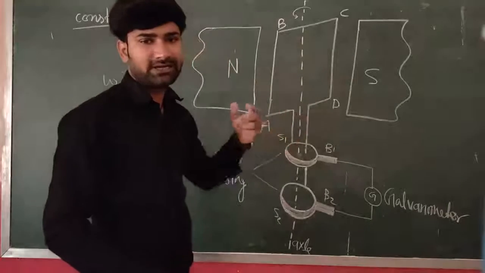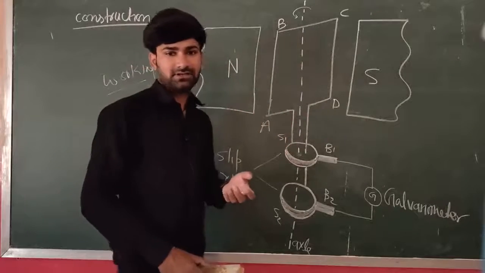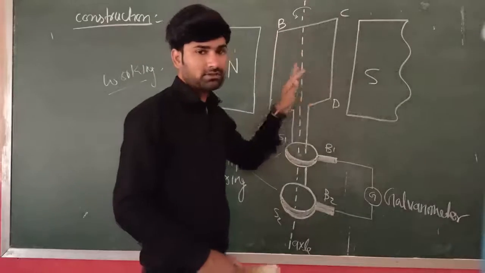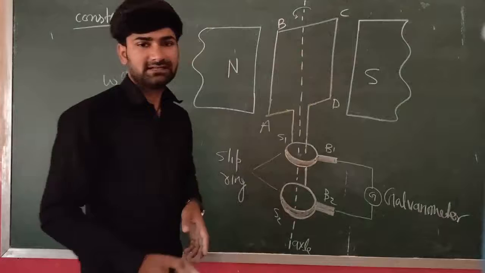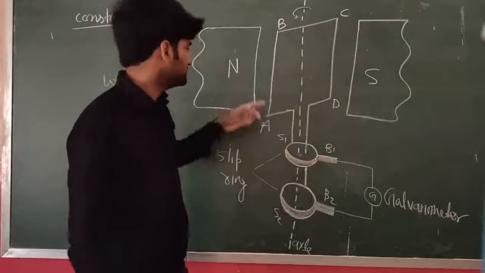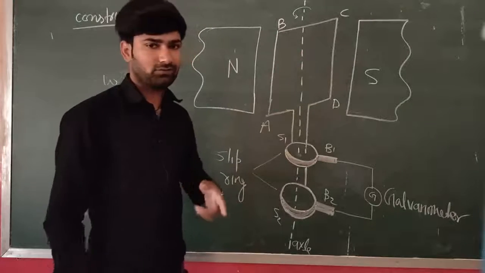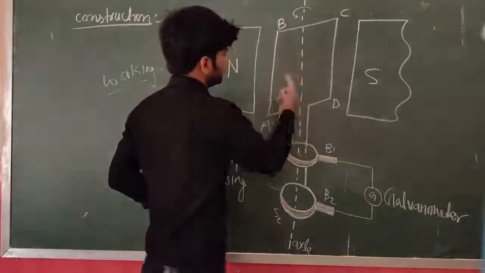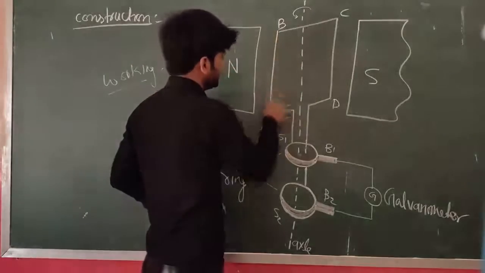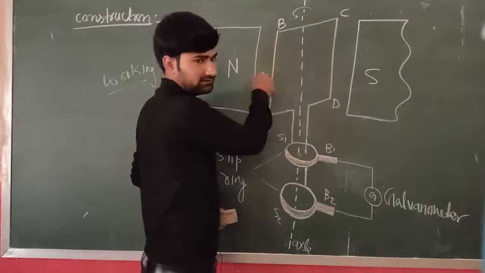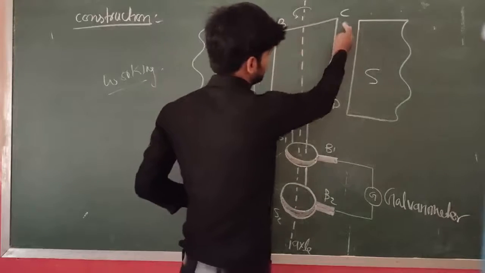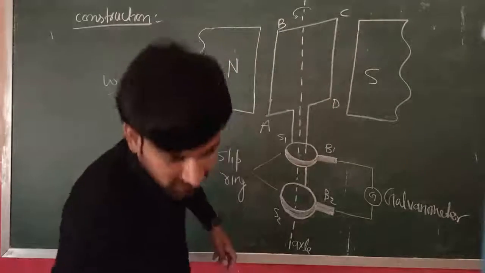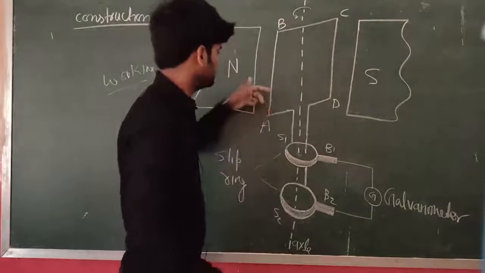If this rectangular coil is rotating in between N and S, then magnetic flux will change, and as we know, a changing magnetic field produces induced current in this coil, and the direction of current is obtained by using Fleming right hand rule. If this coil is rotating anti-clockwise direction, then side AB is moving inwards and side CD is moving upward. So we can apply Fleming right hand rule here.